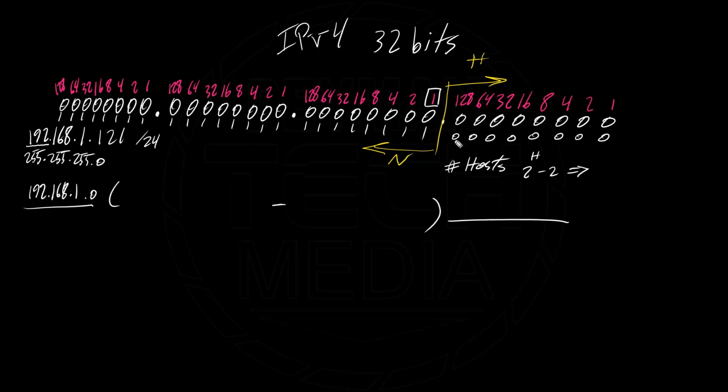So 2 to the power of 8 is 256, minus 2, is 254. Why do we do minus 2? To find the number of available IP addresses. Because of the network address and the broadcast address, we have to subtract 2. One IP address is for the network, one for the broadcast. So we should see 254 available IP addresses in this range.